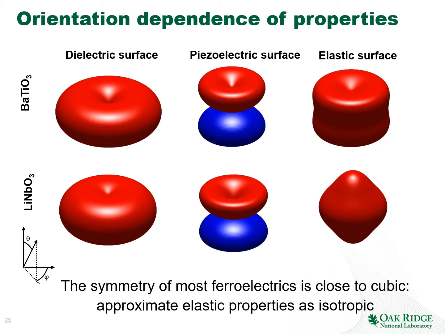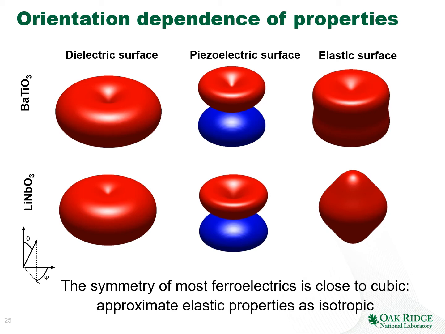You can see that the elastic properties of these materials are of course orientation dependent, but this dependence is relatively weak. In comparison, piezoelectric surfaces are extremely strongly orientation dependent because they change sign from positive to negative. Dielectric properties are also relatively weakly orientation dependent.